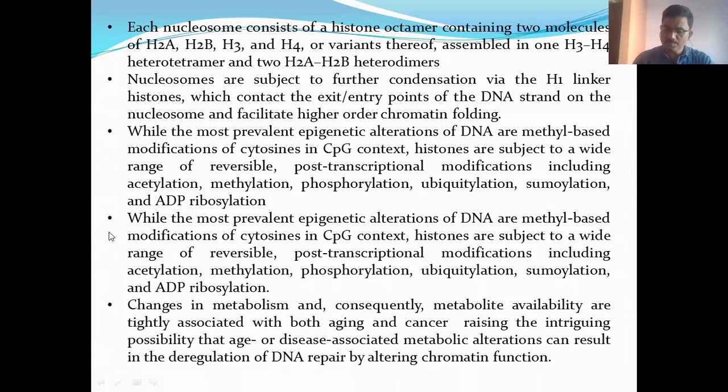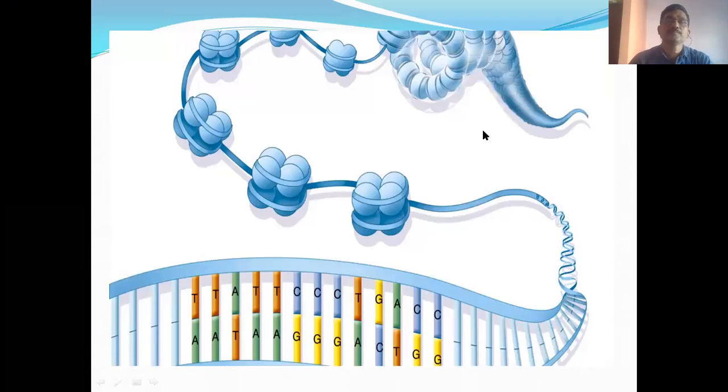So you see in the diagram that this octamer is always found in the condensed form, in the closely associated form, and this close association of the octamer takes place by means of the linker DNA. This is the linker DNA, and on this linker DNA there is the presence of the H1 histone. H1 histone means H1 histone protein.